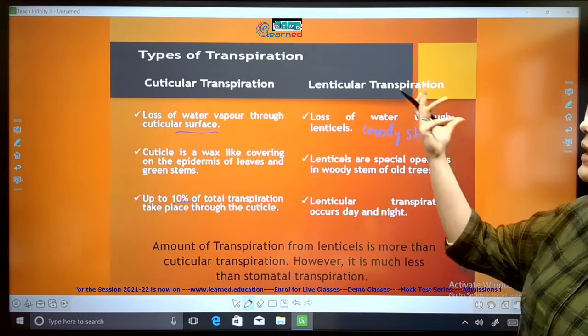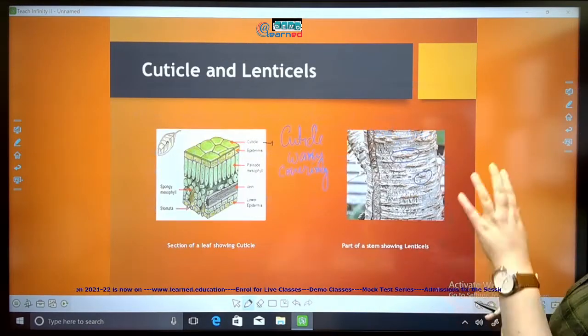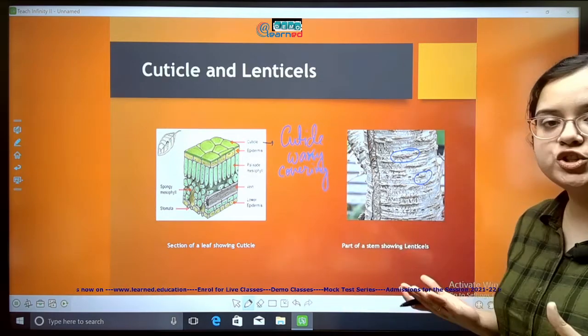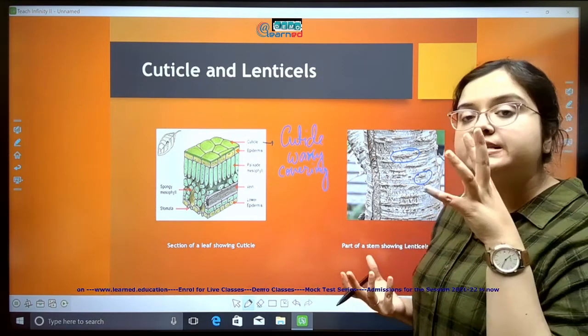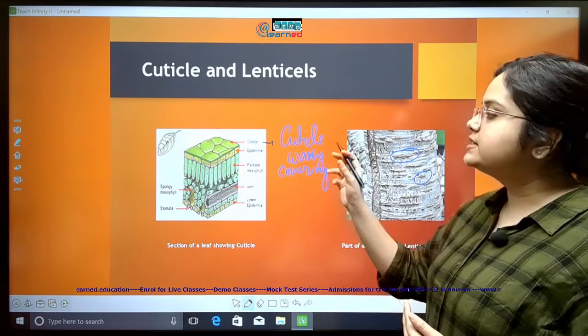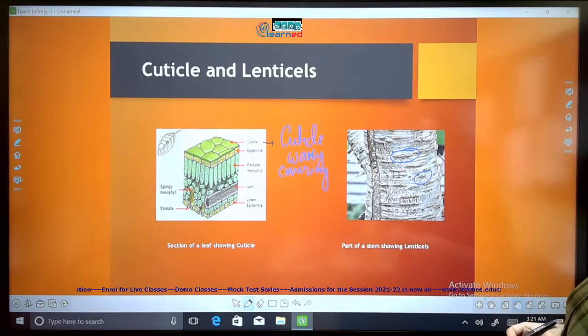We spoke about cuticular and lenticular transpiration. If you see in the diagram, the cuticle is a waxy covering which is impervious to water. But if the cuticle is thick, it will reduce transpiration rate. But in normal cases, the water does go out in the form of vapor through the cuticle also.